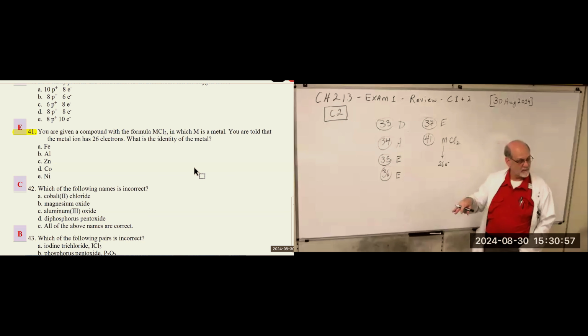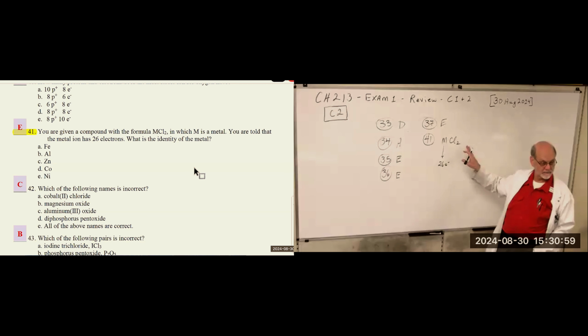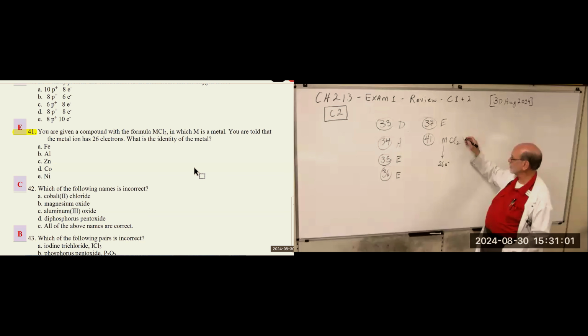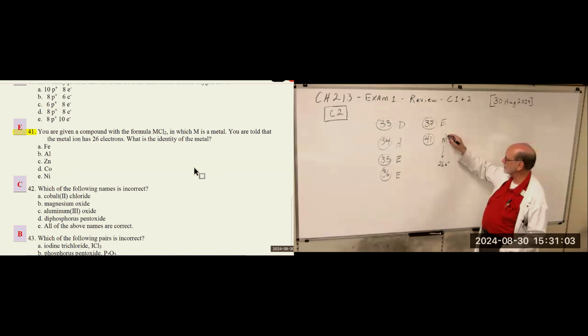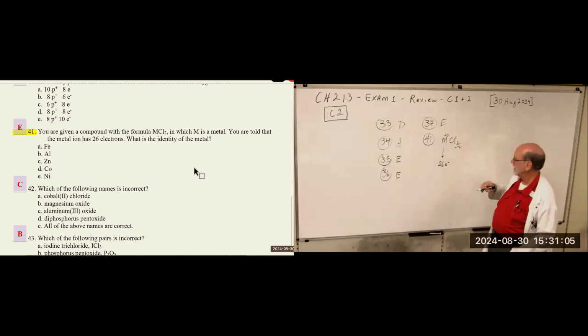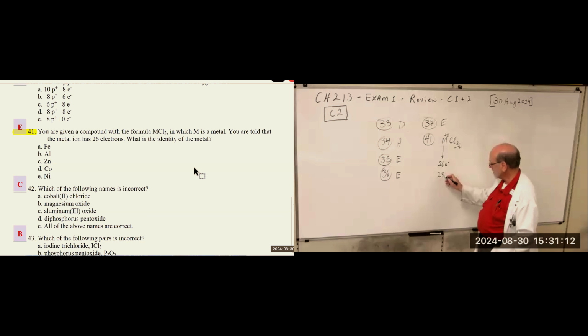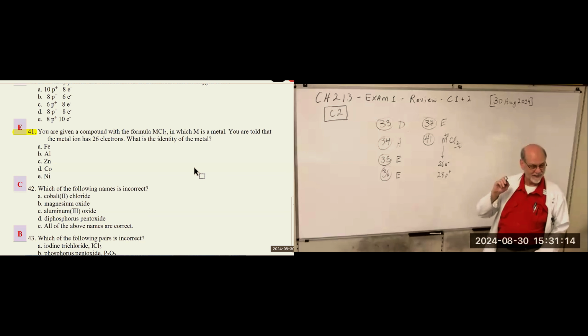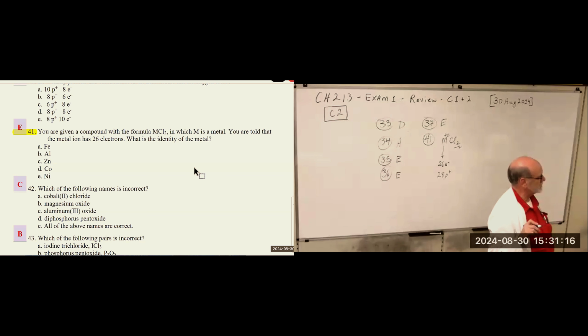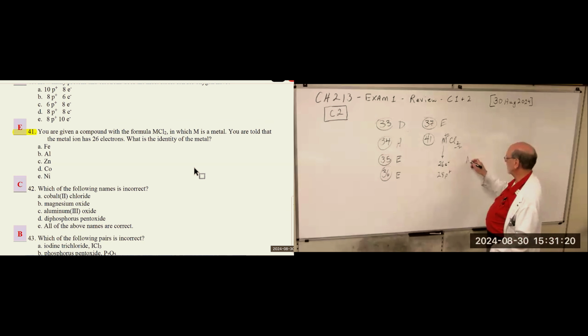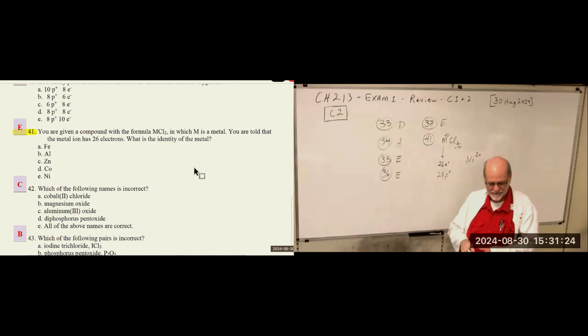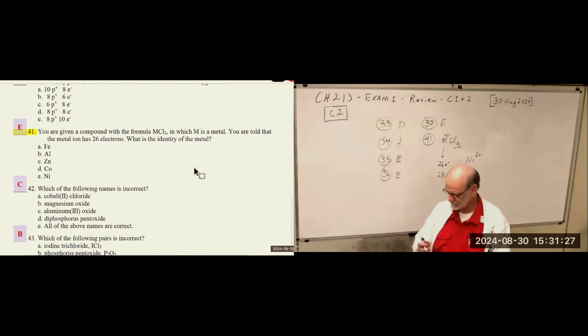In ionic compounds, halogens are always -1. So that's 2 times -1, a -2, which has to be balanced by a +2. If it has a +2 charge, it's got 2 extra protons. So it has 28 protons, correct? 28 protons is nickel. Nickel is our element. E.